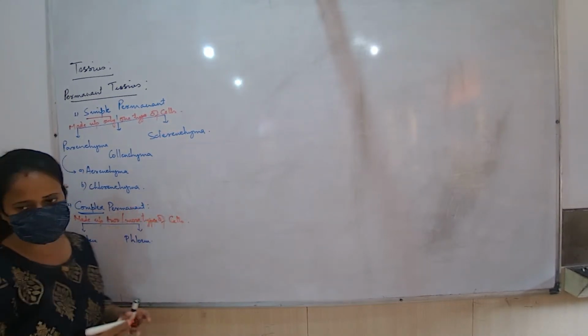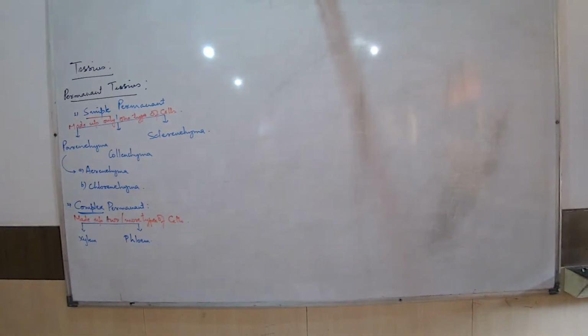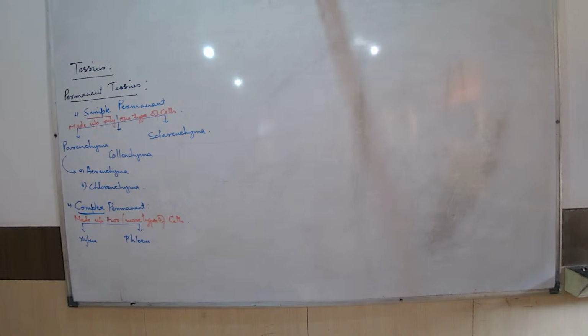So first of all, let us try to understand this. Functions are all different. I'm not talking about similarities, nothing like which cell has more functions. That way, if I'm talking about which forms the bulk, which is majority present in the plant, or which type of tissues are mainly present in the plant, then it is parenchyma.